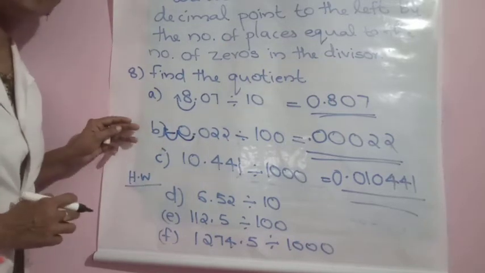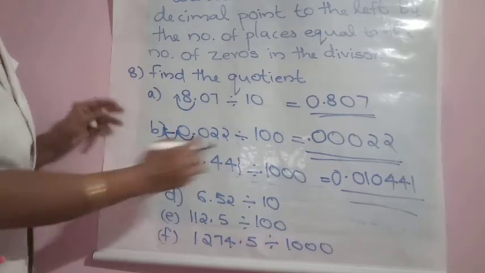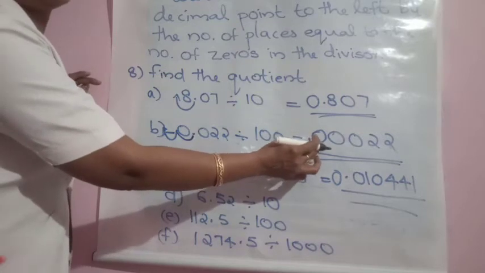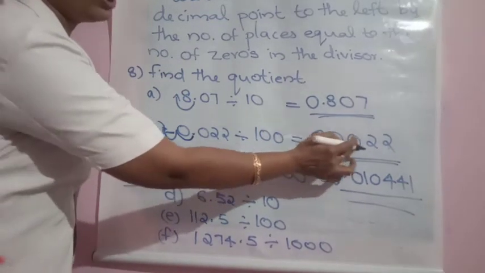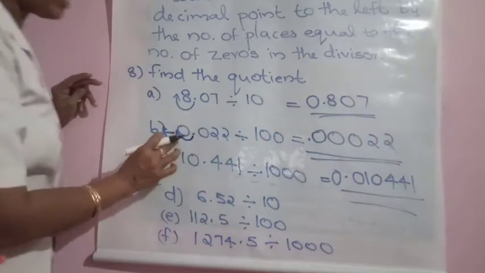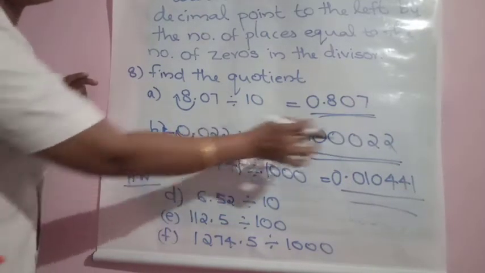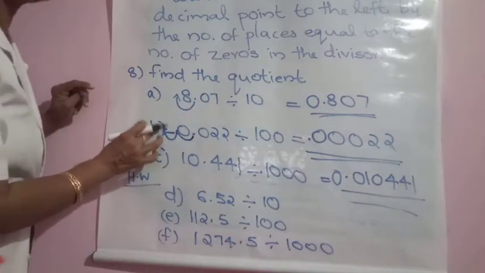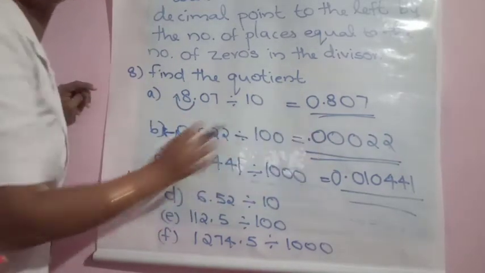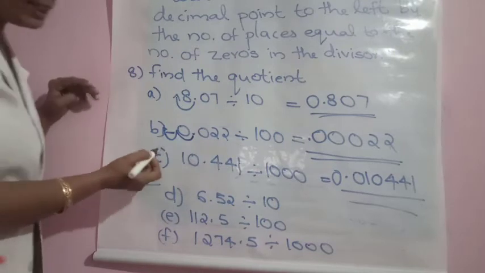What do we do to fill the missing digit? We can add a 0 there. So 0.00022. Already 2 zeros and 2 twos are there in the question, but we need one more place. That's why teacher has taken a 0 there.